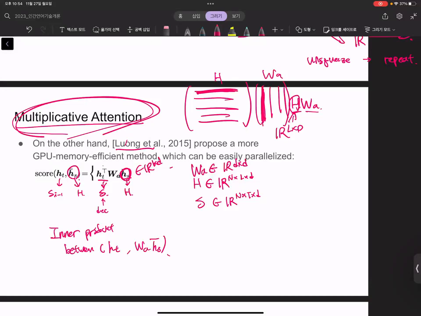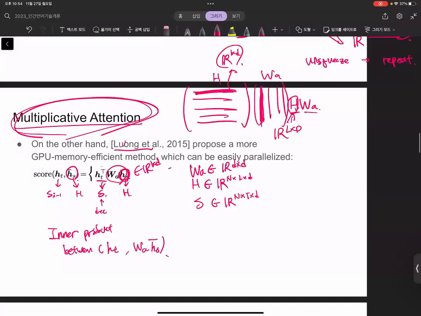That is, this is the 1 by D vector. So we can say this can be formulated as H WA.